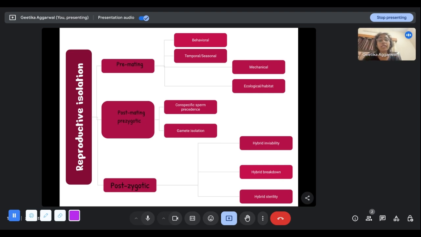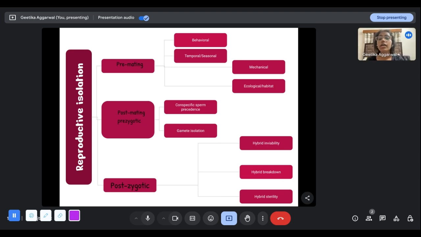If you're talking about post-mating pre-zygotic reproductive isolation, in this mating has actually happened, but the zygote is unable to form. So that is why it is called post-mating pre-zygotic isolation. Two types in which this can happen: number one, conspecific sperm precedence, in which even if individuals belonging to different species try and mate, the precedence in the female body is given to the conspecific sperm, or the sperm belonging to males of the same species.